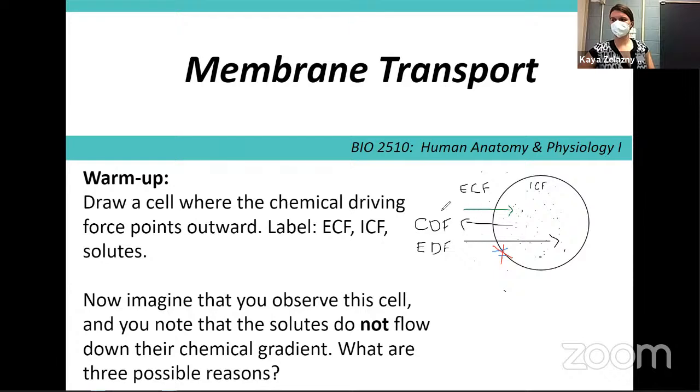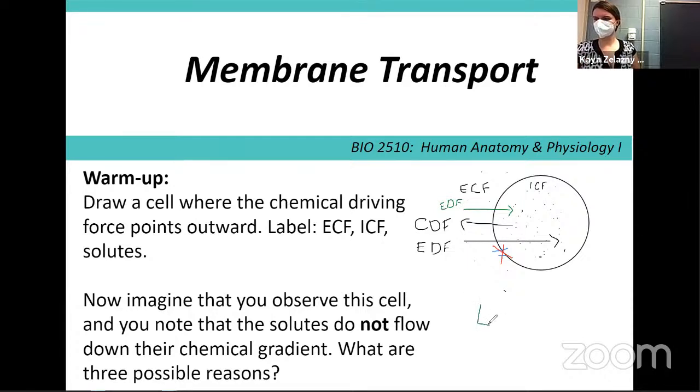So back to the EDF, right? The EDF could be the same size as the CDF, in which case, would we see movement of that ion if they're the same size? No, right? Yeah, the equilibrium potential.